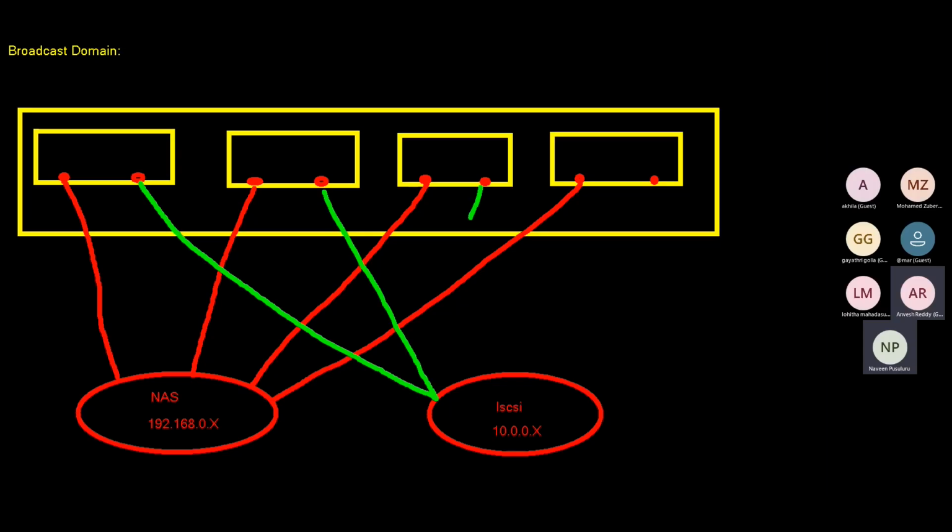I'm using the second port to configure iSCSI LIFs, and port ones to configure NAS. iSCSI is a SAN protocol, but let's ignore that and just think that I'm using iSCSI for this.